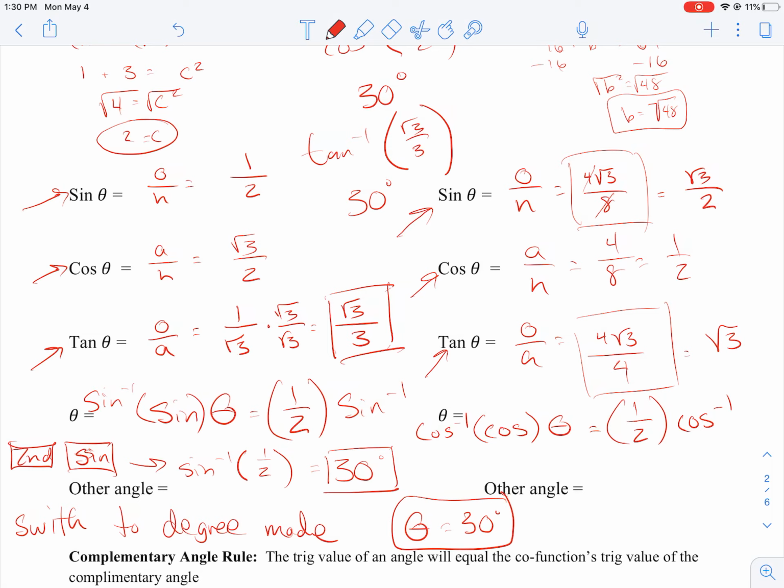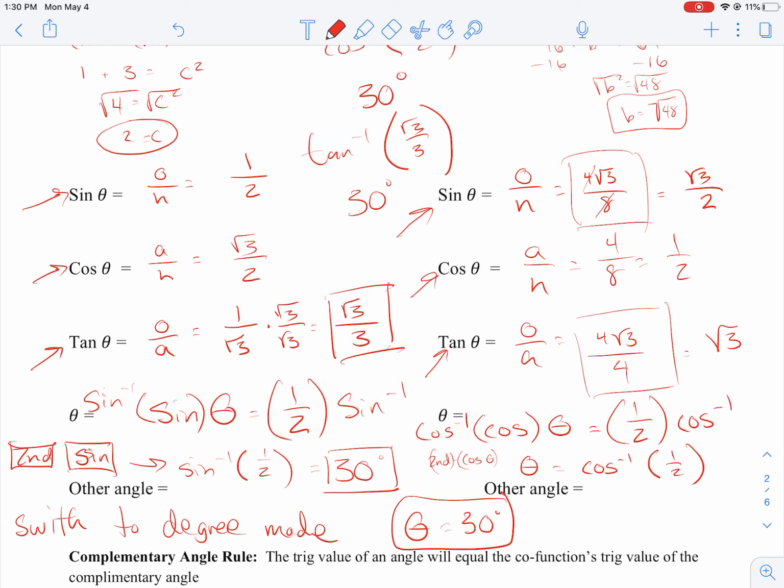Okay, so again, you're going to go to second cosine. So by hitting second cosine of theta, you'll get that cosine of negative 1 of 1/2.